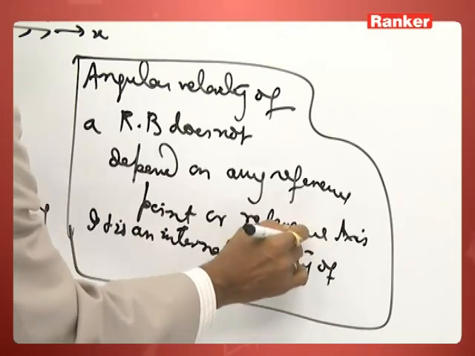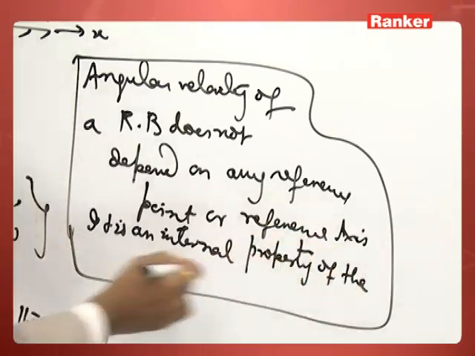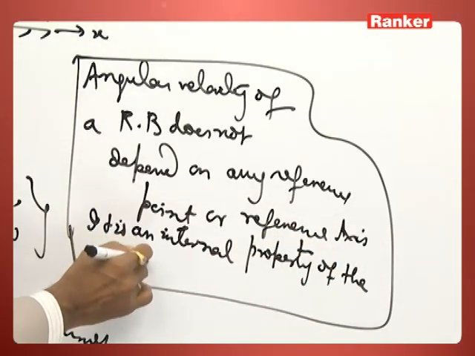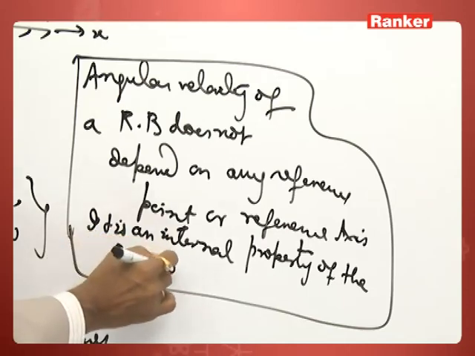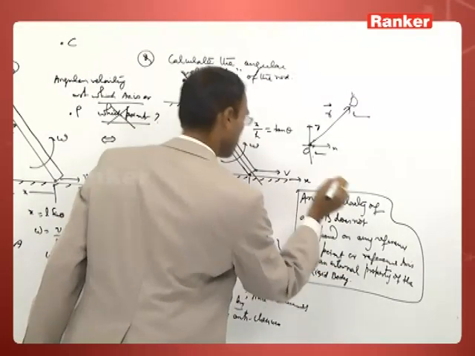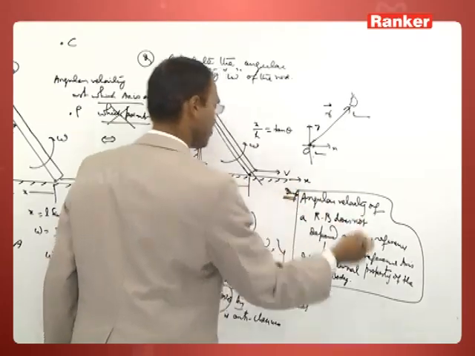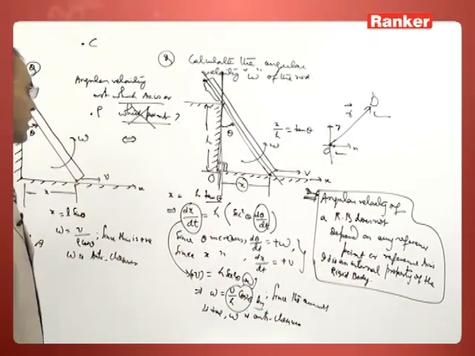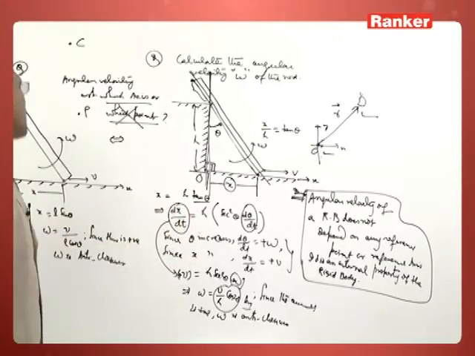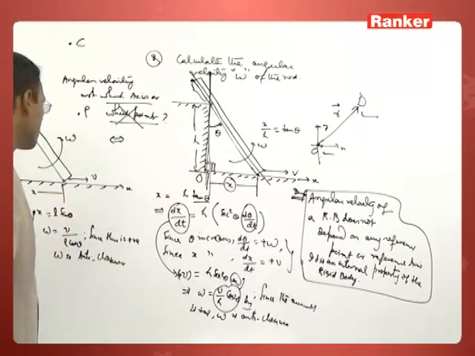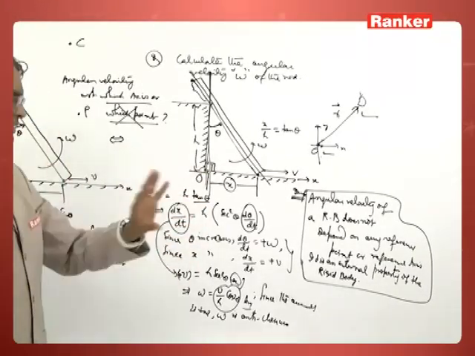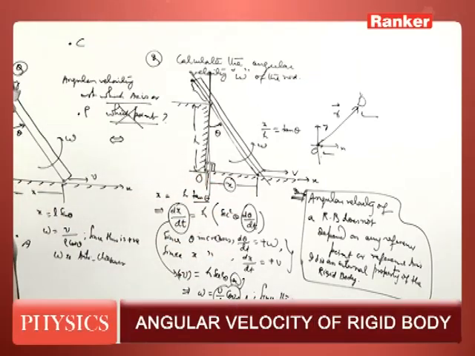This is an important concept. So I would like to emphasize this point by taking a few examples. Then I can put a theory on this, a theoretical analysis on this.